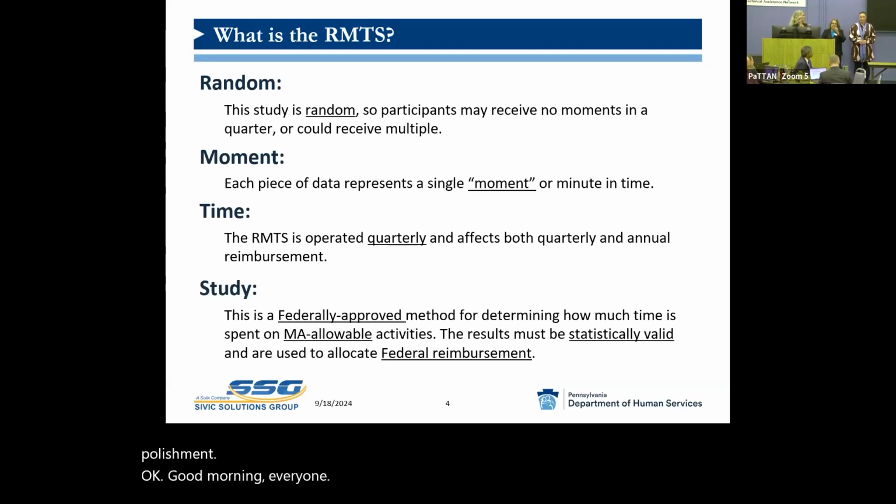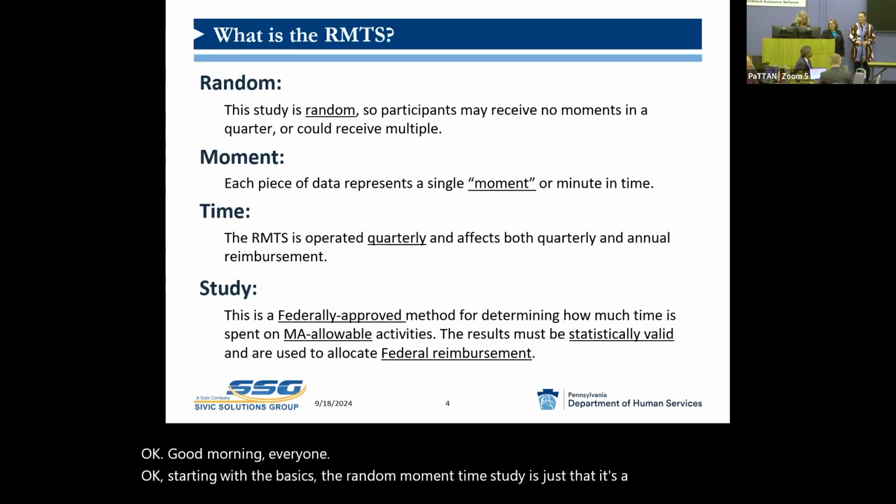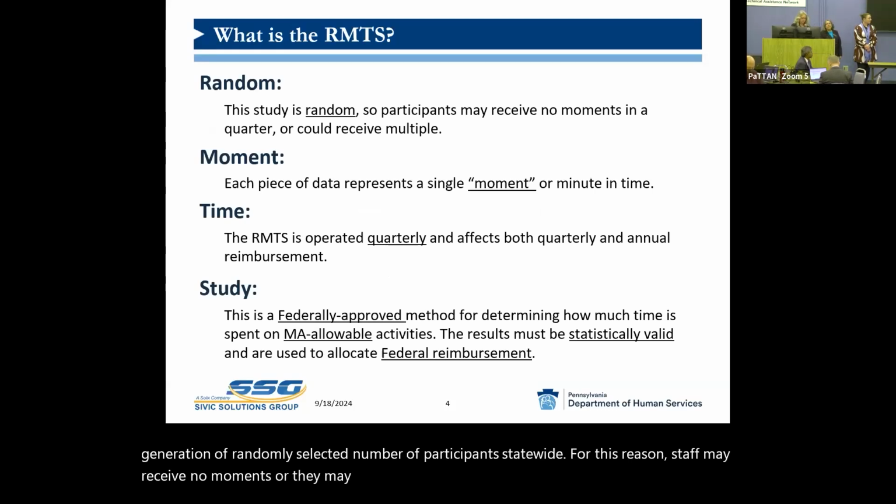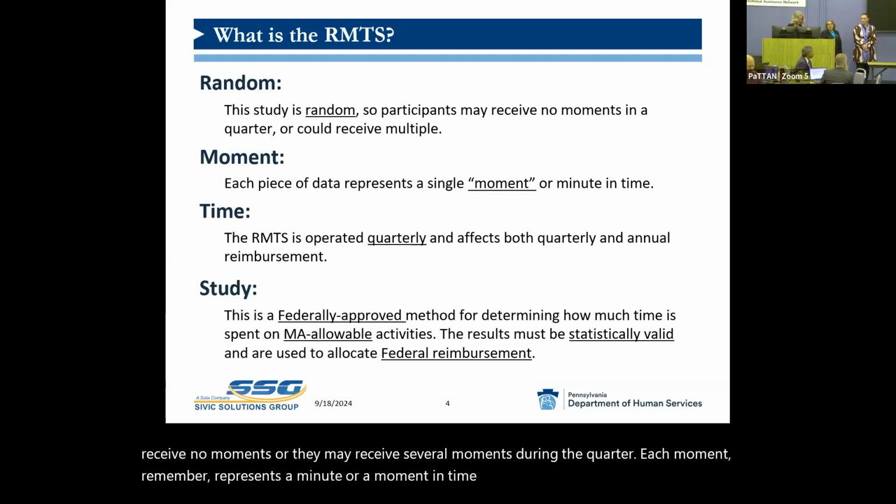Okay, starting with the basics. The random moment time study is just that. It's a random generation of randomly selected number of participants statewide. For this reason, staff may receive no moments or they may receive several moments during the quarter. Each moment, remember, represents a minute or a moment in time, 60 seconds.